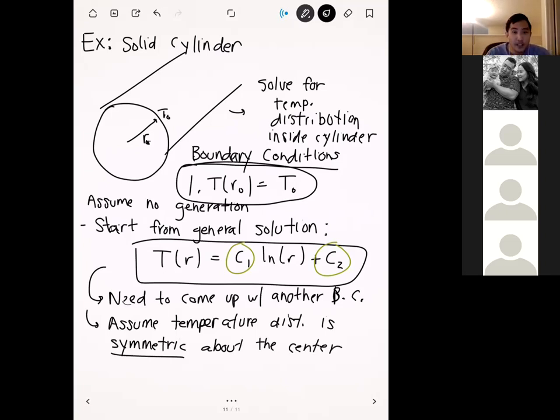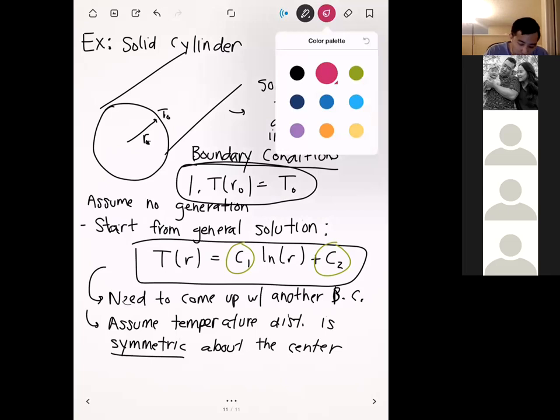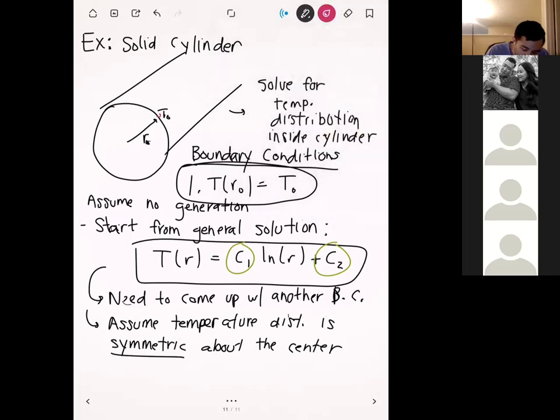Because when you have a system like this where you have radial, we call it radial symmetry, right? Then it kind of makes sense that the middle of the cylinder is either going to be a maximum temperature or it's going to be a minimum temperature. Because if this is T naught right here on this side, this T naught is being applied to the entire outer surface of this cylinder, right?